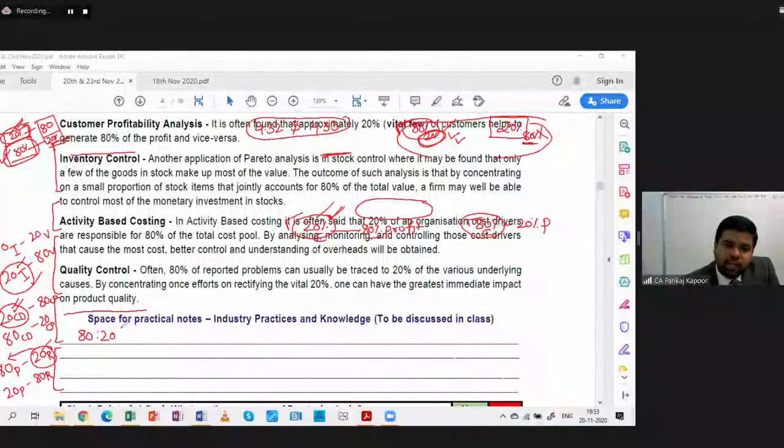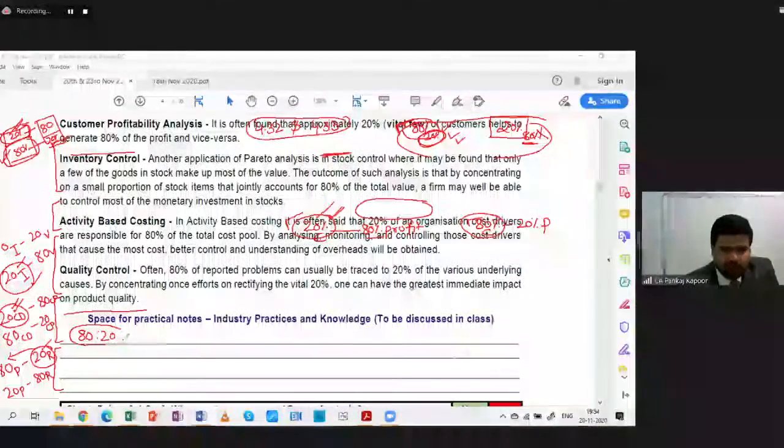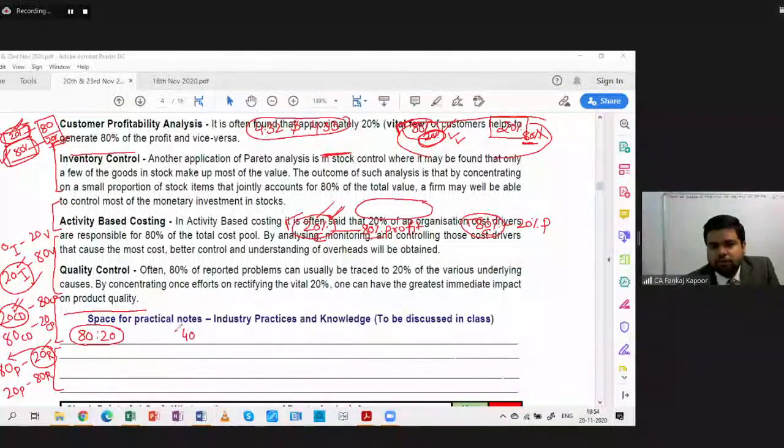The relation may sometimes be different from this. It may be possible that your 40% of the causes result in the 80% of the value. So this is not a hard and fast rule that the ratio will be 80-20. The ratio may be something different to 80-20.